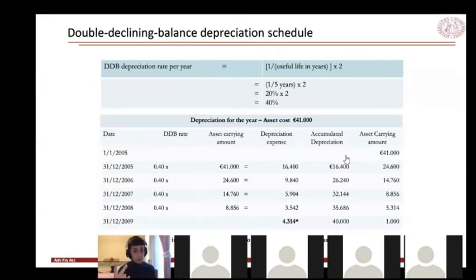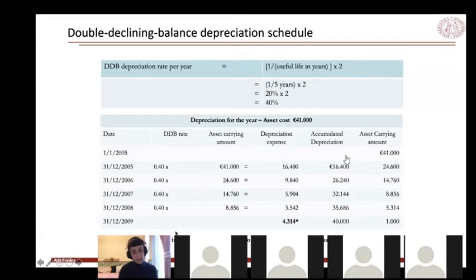Completely arbitrary multiplication. It's double declining, so you get twice as fast depreciation expense. If you see here, the depreciation expense in your earlier years is much higher, and then it decreases its amount towards the end of the useful life of the item.